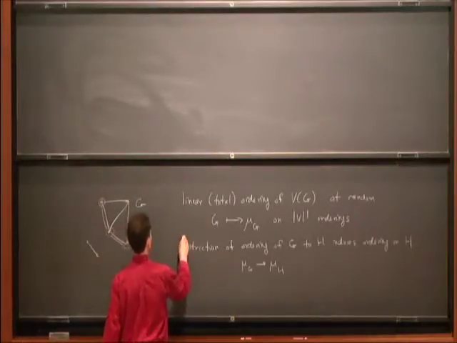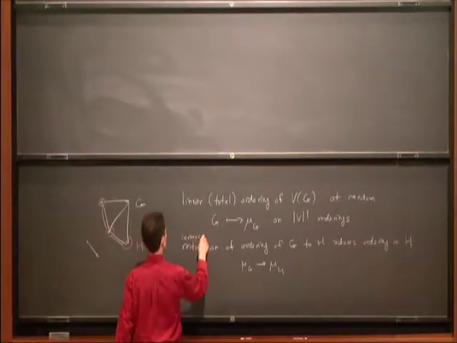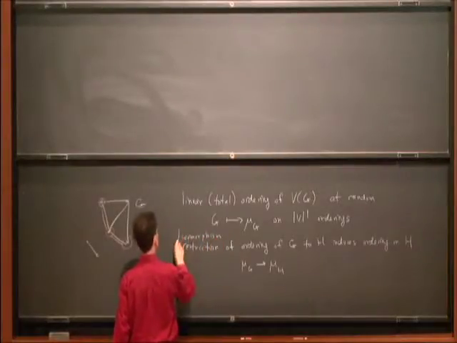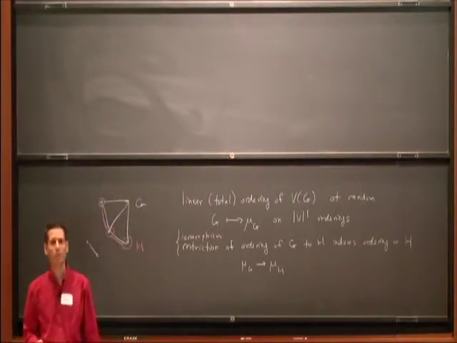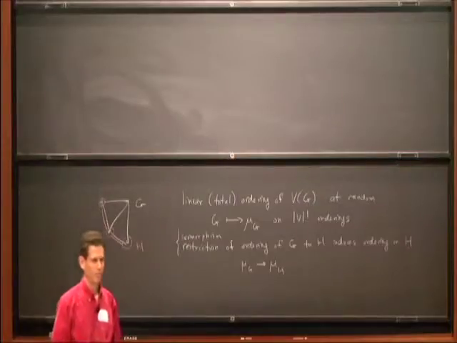So this and isomorphism invariance. Those are the two conditions I want to impose on graphs.